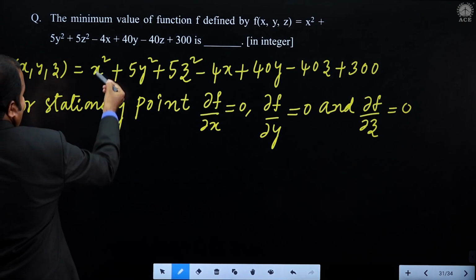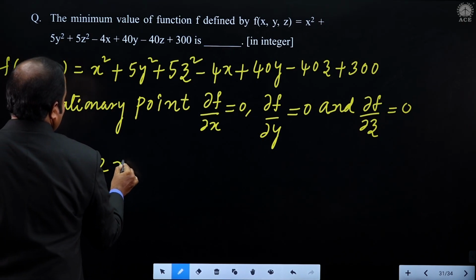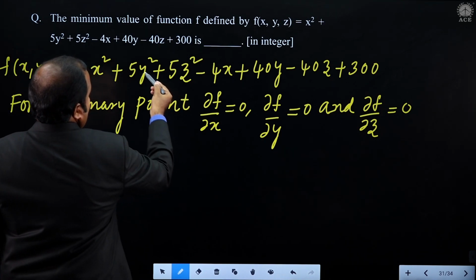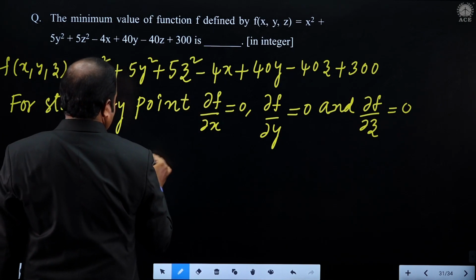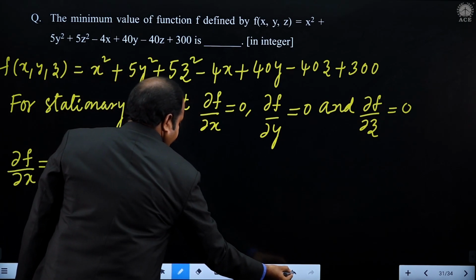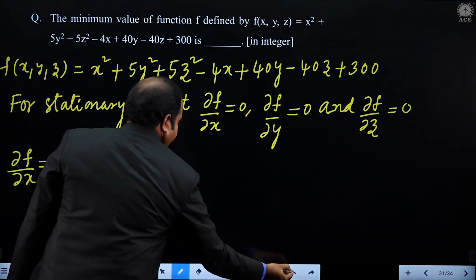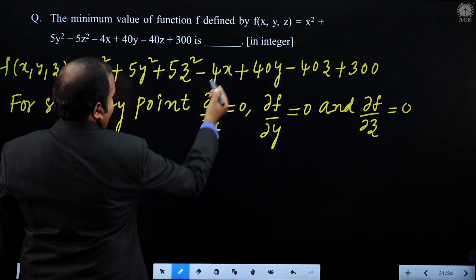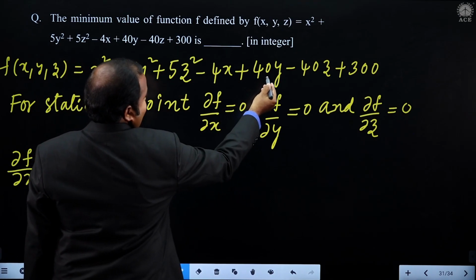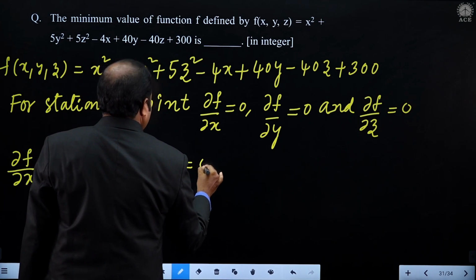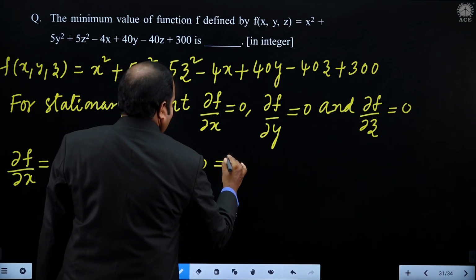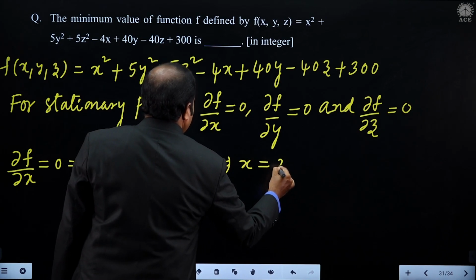What is dou f by dou x? The derivative of x squared is 2x, the other terms are 0, minus 4, equal to 0. That implies x equal to 2 only.